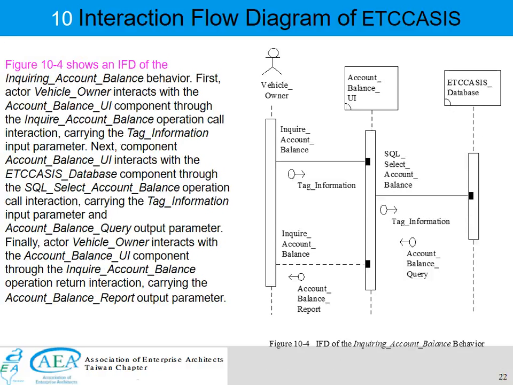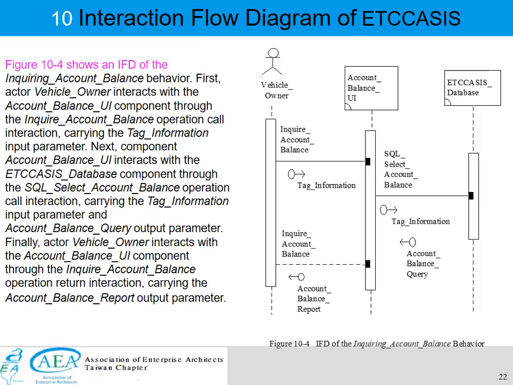The fourth IFD is inquiring account balance. There are three interactions in this IFD. The first one, the vehicle owner interacts with the account balance UI to input the tag information.